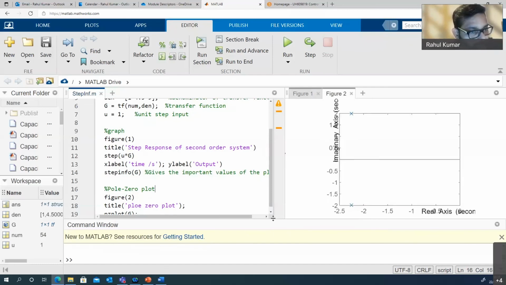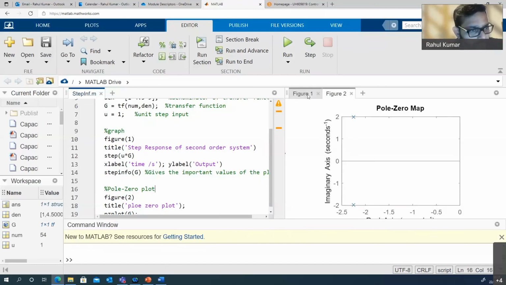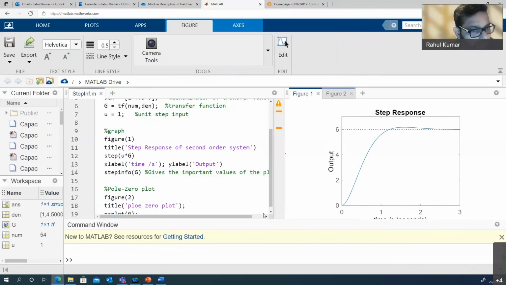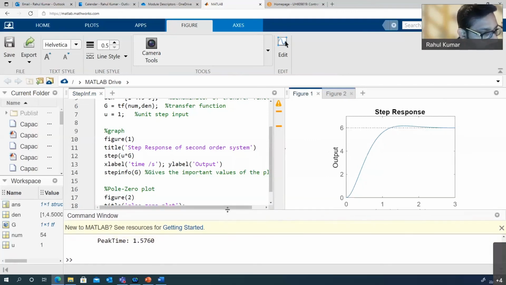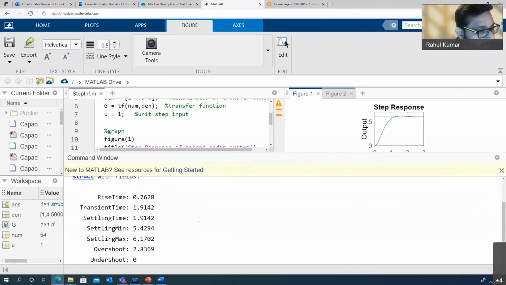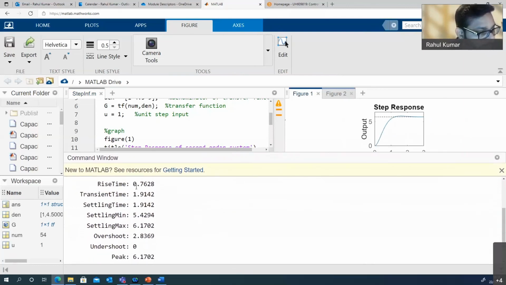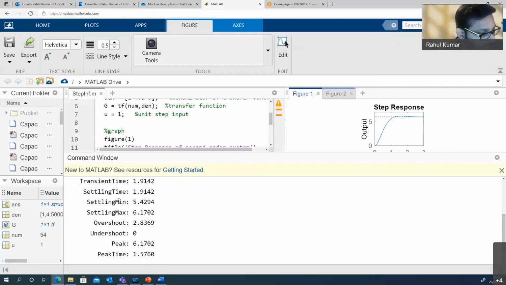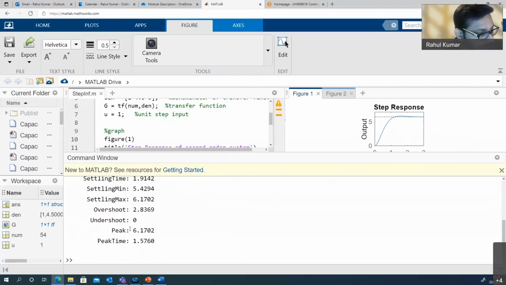I've also plotted the pole-zero plot, and this is the response of my system. Let's see what important values this function stepinfo g gives us. It gives us the rise time, the settling time, the transient time, minimum and maximum values, overshoot, undershoot, peak value, and peak time.